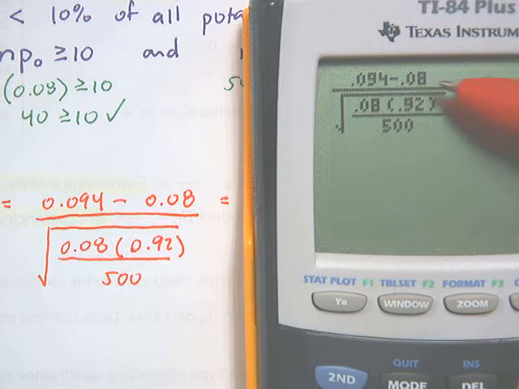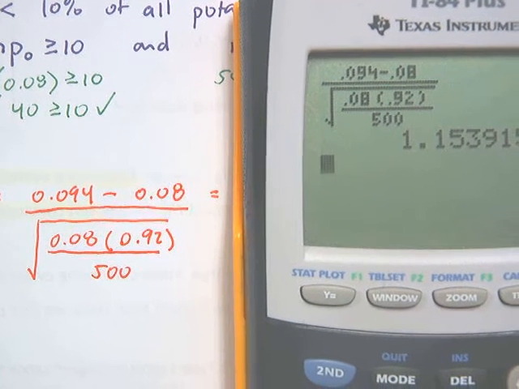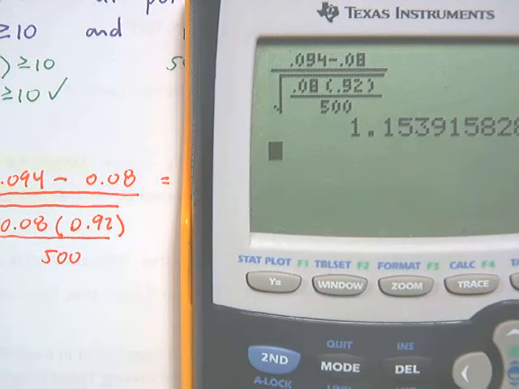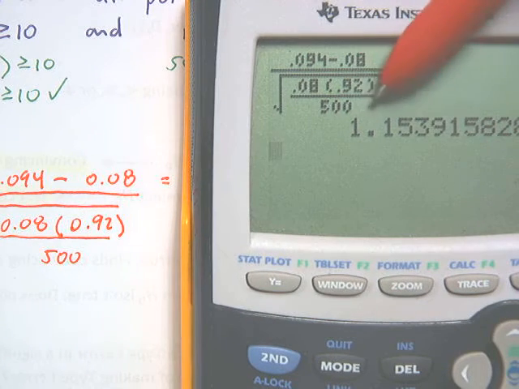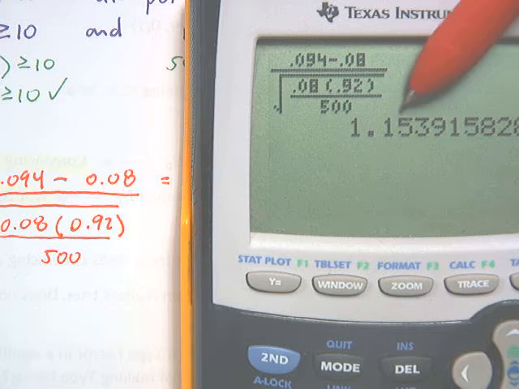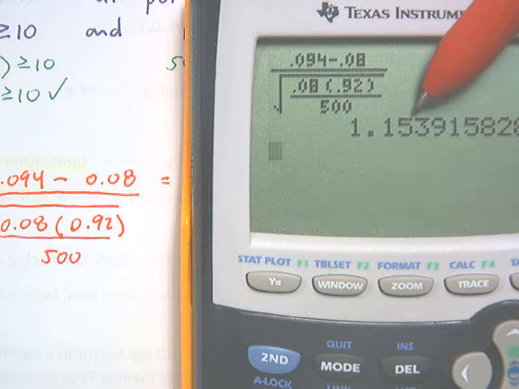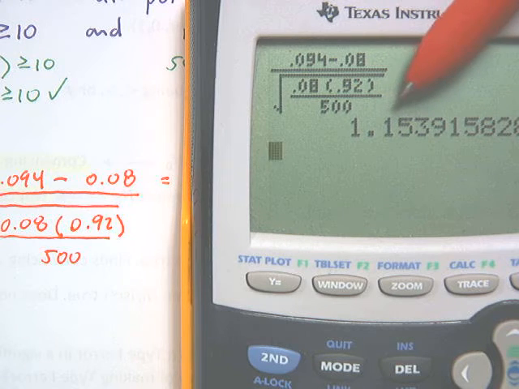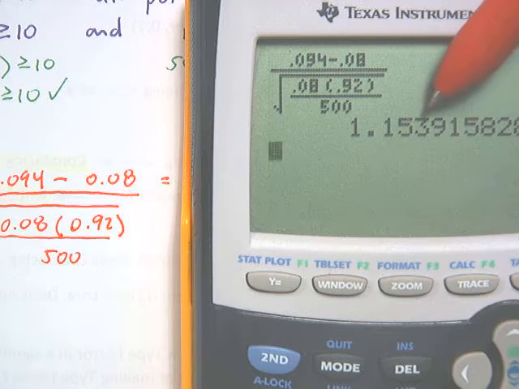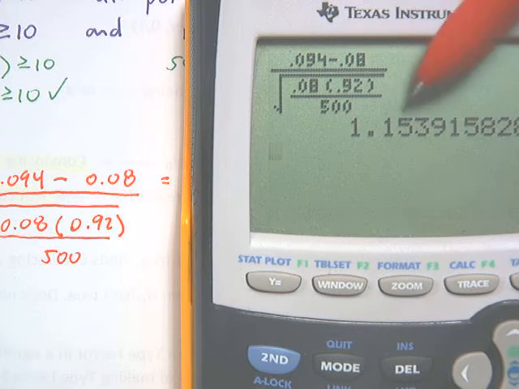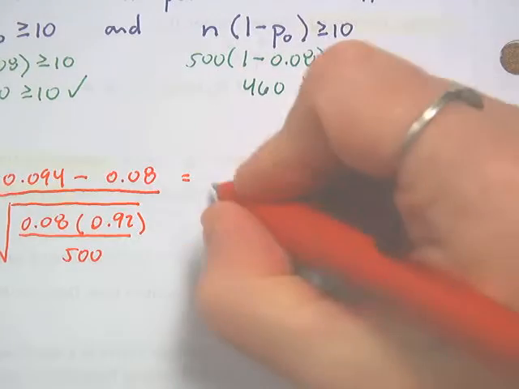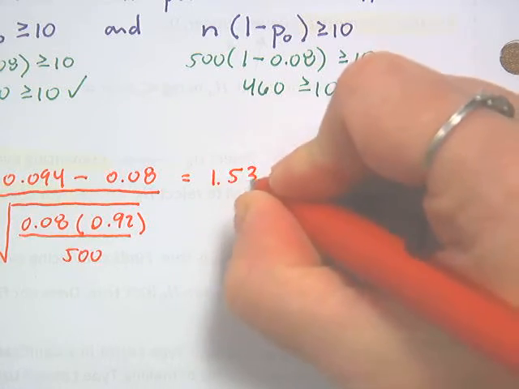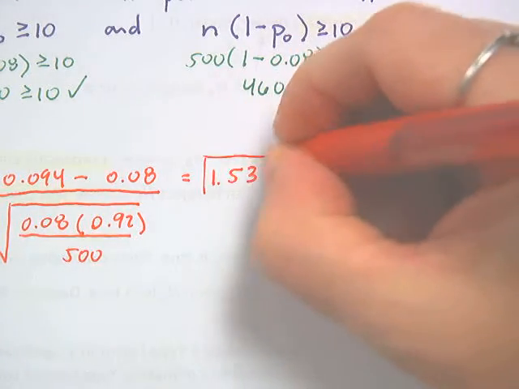Always double check that you're good. And you should get this. You're more than welcome to round it. You can put 1.15. Always go at least 2 decimal spaces out to your hundredths. If you want to put 1.154 because you want to be more accurate, that's also fine. But always go at least 2 spaces out. There is the z value.